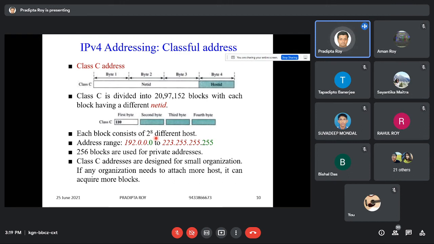Okay, if we look for any university or any engineering colleges, some have more than 150 machines in one network, or some engineering colleges may require near about 200 or near about 250 machines in each network. So this amount, 256 number of nodes in each network, is quite reasonable.